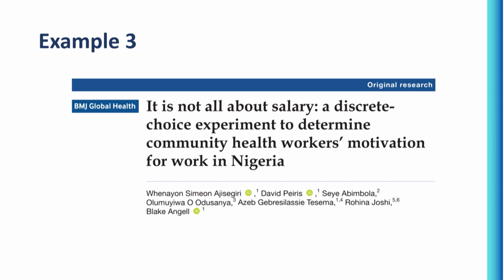Okay, when I'm trying to find out what is going to keep my health workers in post, what do I try to do? What method might I use? Okay, it's basically a way to find out what people place value on in terms of incentives. So it's an experiment where they're given a range of options. What would make the difference that you would be more likely to stay in post?